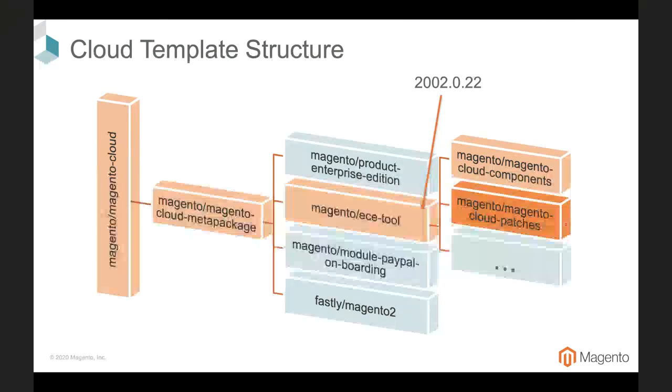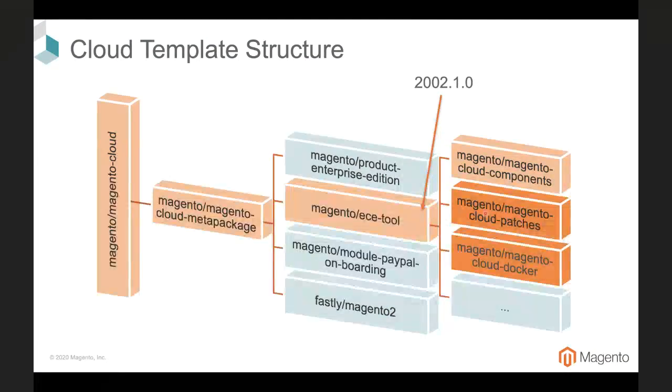It helped us not to be tied to ECETools versioning, so we may deliver any urgent fixes and features without bumping the version of ECETools itself. We already made several releases after this decomposition. And in our minor release, we also moved all code related to Docker to a separate repository, Magento Cloud Docker. I also want to remind you that all these repositories are open source, so feel free to put there any proposals or pull requests.